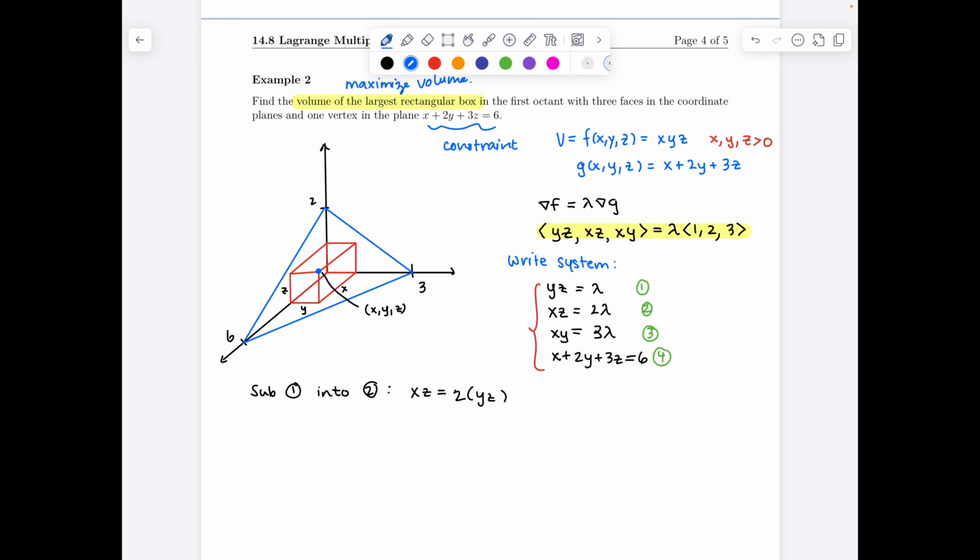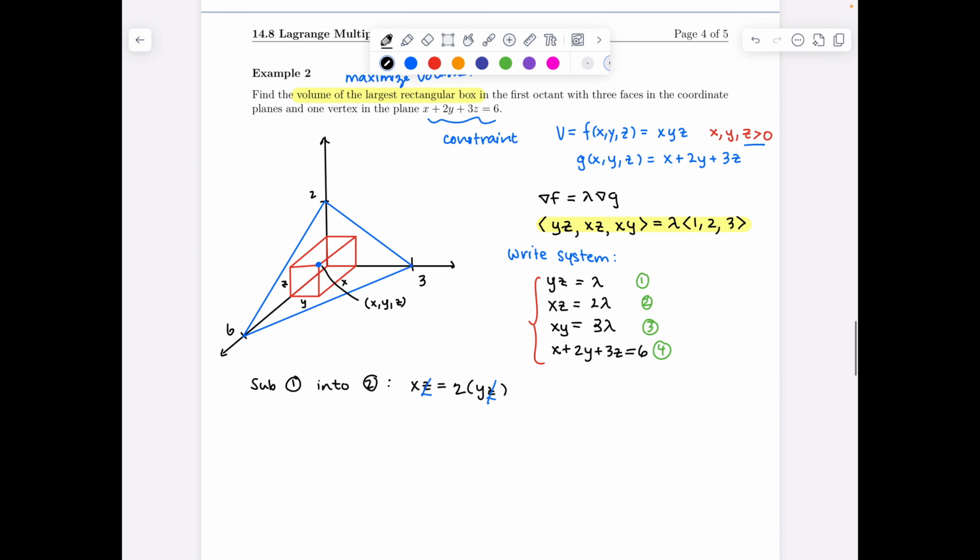The reason I bring this up is because we now have an equation where there's a z on both sides, and you might wonder, can I just divide by z? Well, the answer is yes. You can cancel these z's because we know that z is never 0, otherwise we wouldn't have a box. So this equation really does simplify to just x equals 2y.